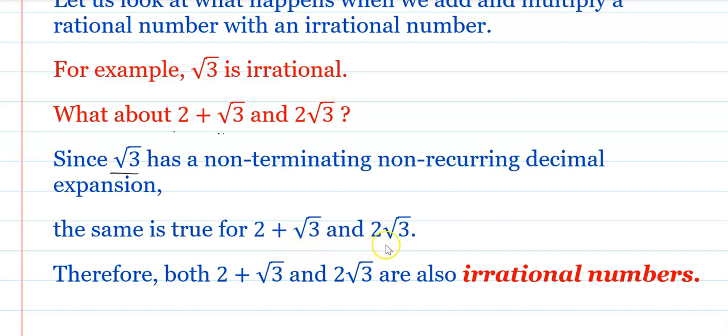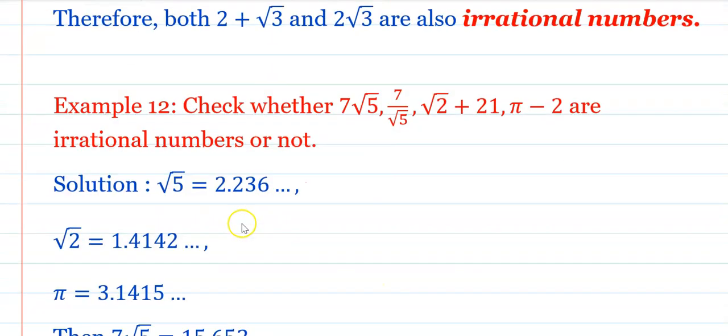Therefore both 2 plus root 3 and 2 root 3 are irrational numbers.